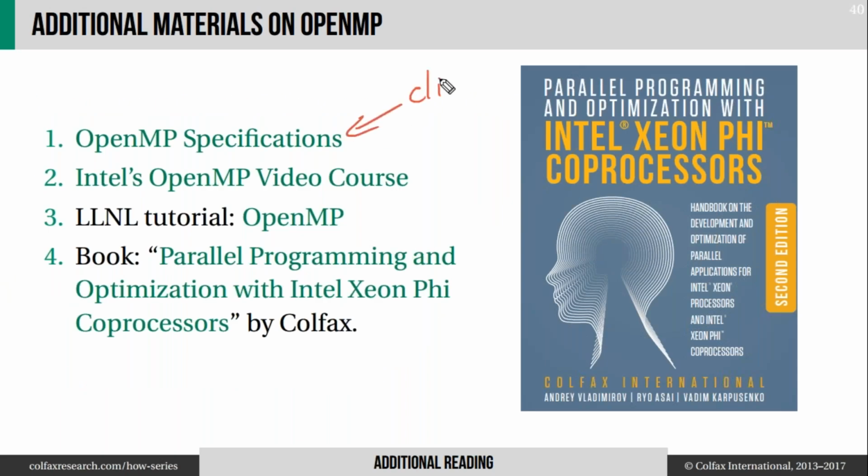You can click and go there. This is the link to specifications, the big PDF document. This is a video course from Intel that you can use for additional information on OpenMP. This is a written tutorial from the Lawrence Livermore National Lab, and our book, this book, also talks about practical usage of OpenMP.